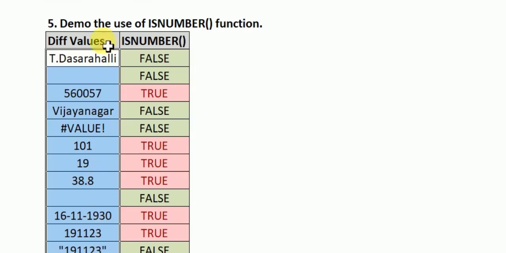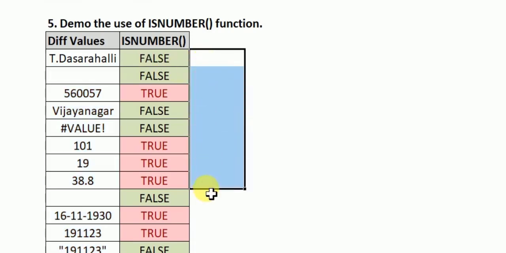Okay. For this column, we will try to apply ISNUMBER function. If it is numeric, the answer will be true. If it is not a numeric value, the result will be false. We will try to apply this.